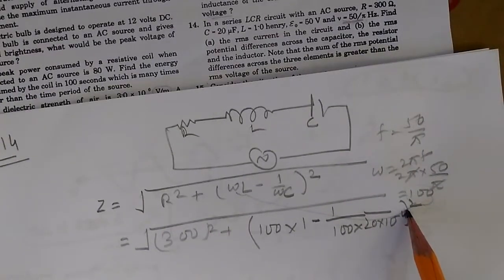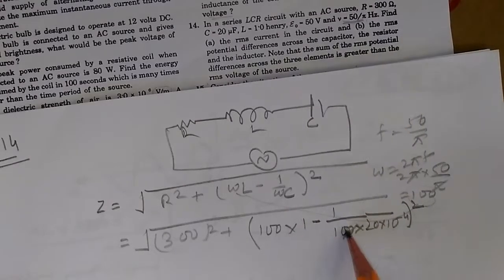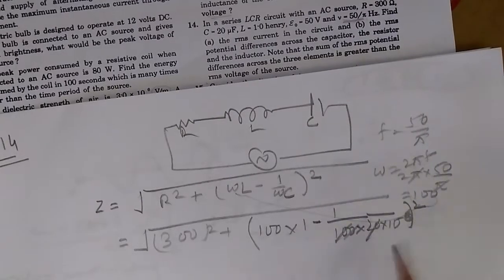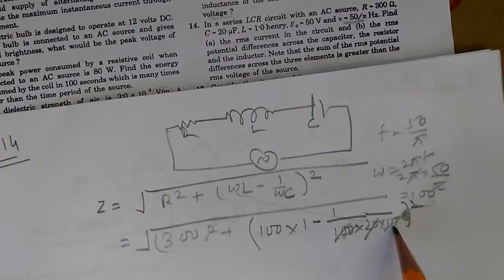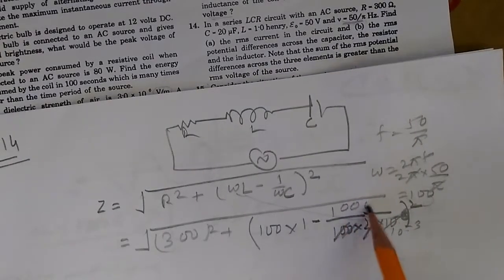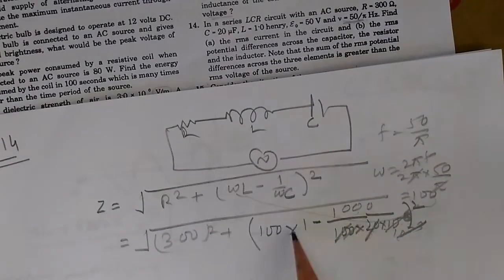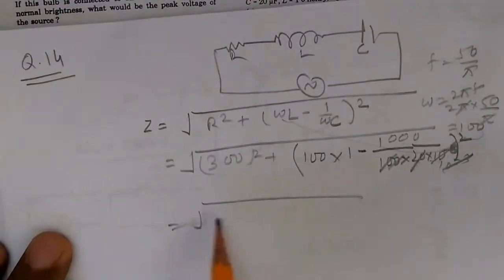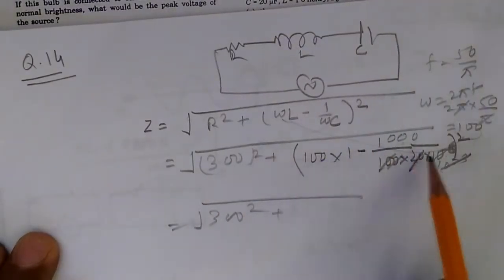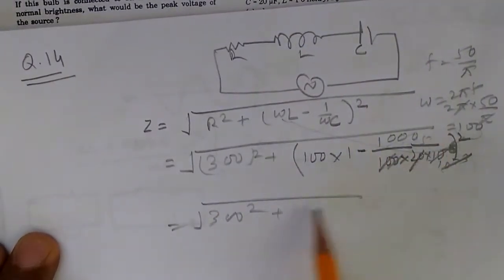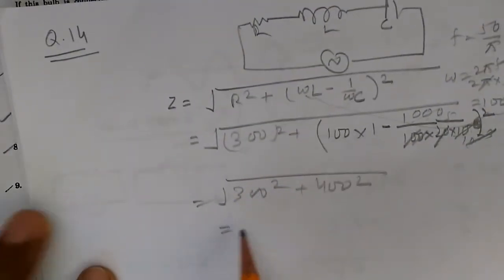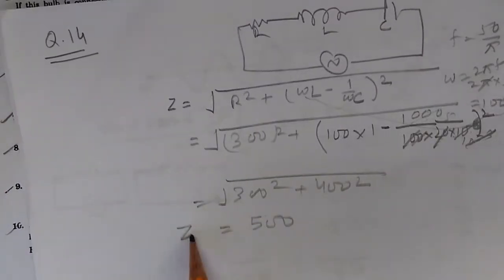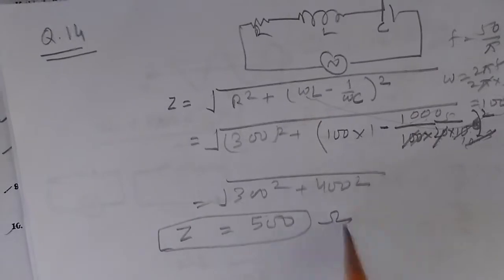So 10 to the power minus 6 because it is micro, and 10 to the power minus 3 goes up and becomes 1000, and 10,000 divided by 20 is 500. 100 minus 500 is minus 400. So this becomes the square root of 300 square plus 400 square, and this is 3 square plus 4 square. The square root is 5 into 100, which is 500. So we know that the impedance of the circuit is 500 ohm.